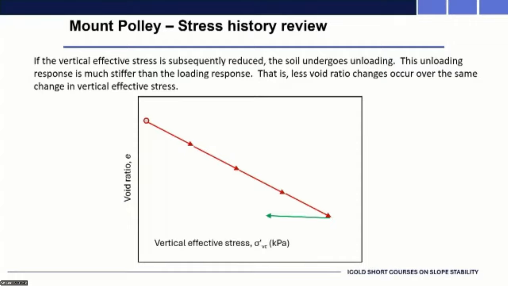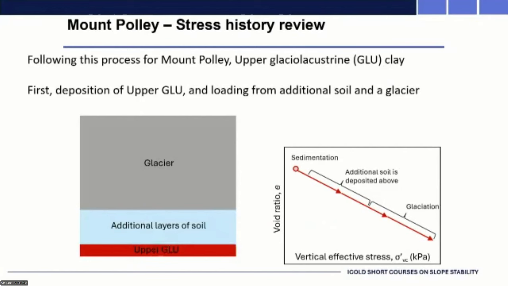Then perhaps we get some reduction in vertical effective stress from that peak value, and it rebounds, with a small void ratio change, even under quite large decreases in vertical effective stress. If you think about what happened at Mount Polley, we had this deposition of lacustrine clay, the bottom layer.